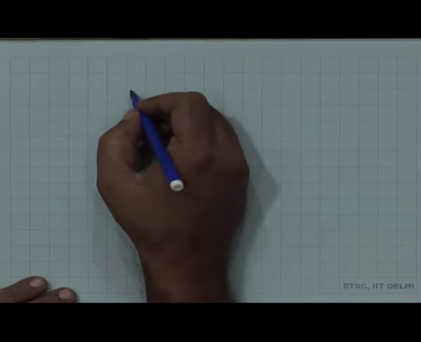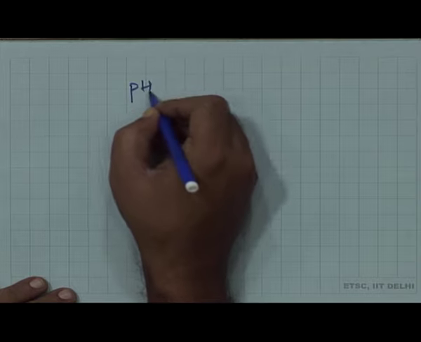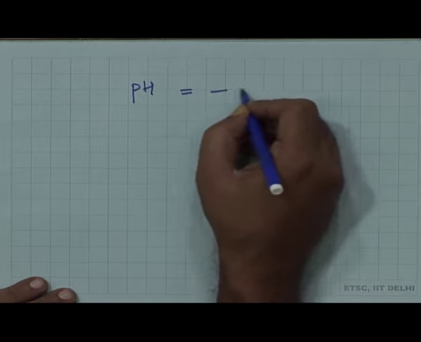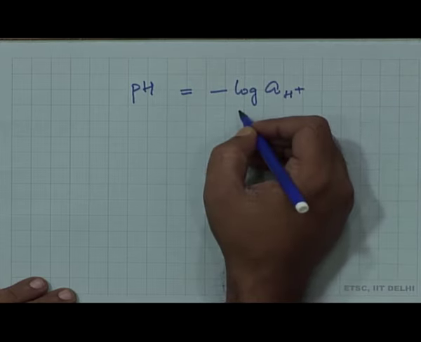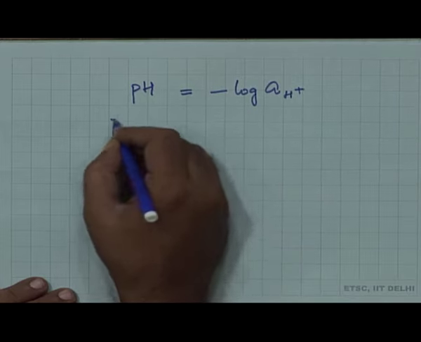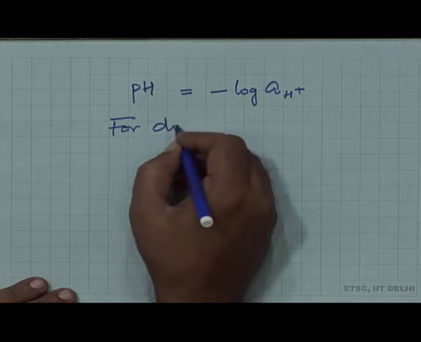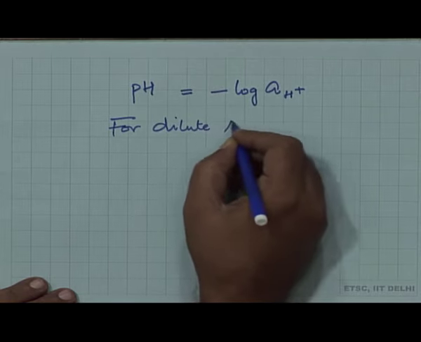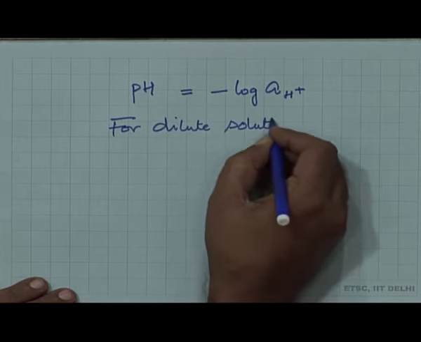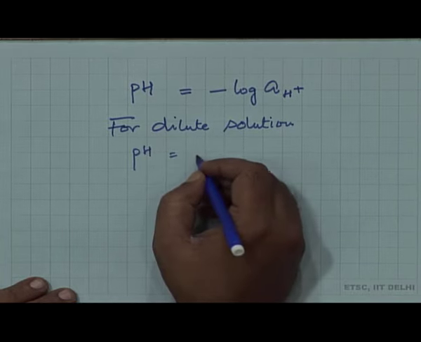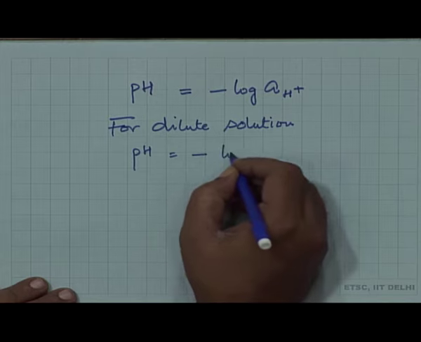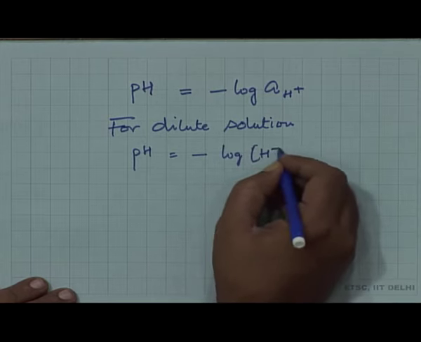I have already discussed with you what is pH. pH is minus log activity of H plus ion concentration. And for a dilute solution, this is simply equal to pH is equal to minus log H plus ion concentration.